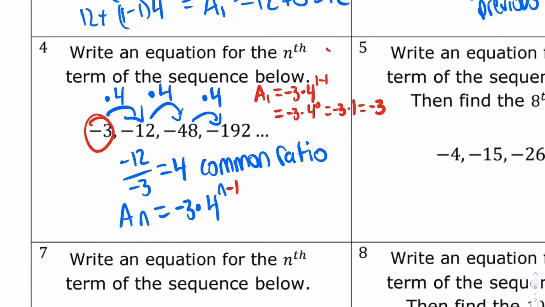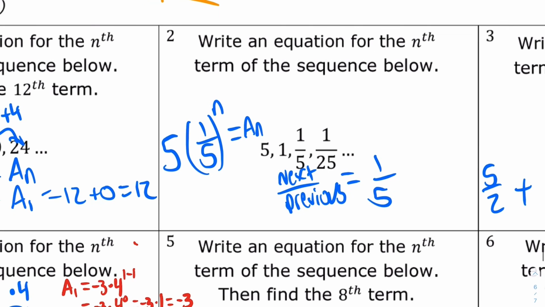Let's try a second example, A2. Negative 3 times 4 to the 2 minus 1 power equals negative 3 times 4 to the first, which makes negative 12. Okay, it's working. Let's change this one. This should also be an n minus 1. I would have known that if I just checked it the first time.